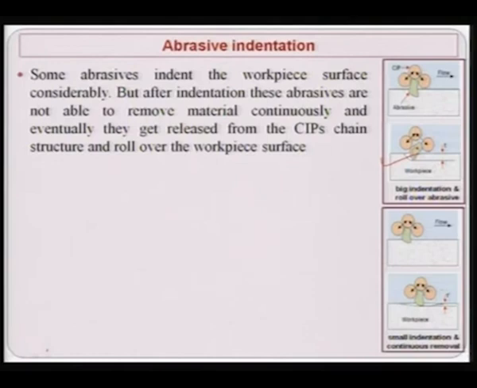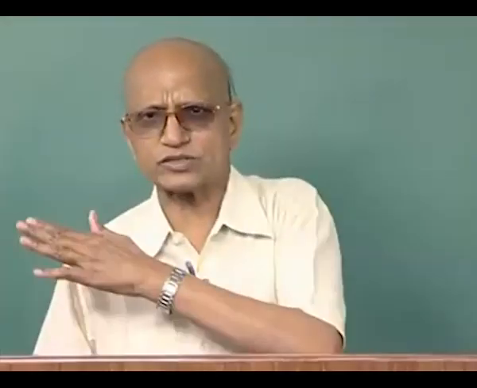As you can see here, if you come from here to here, the depth of penetration has decreased compared to this particular case, where the depth of penetration is T. This becomes T dash, and this T dash is smaller than T. Since the depth of penetration has decreased, the tangential force required to remove the material in the form of a microchip will be reduced.